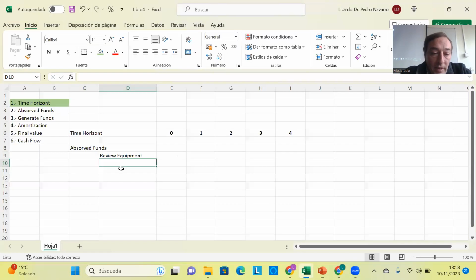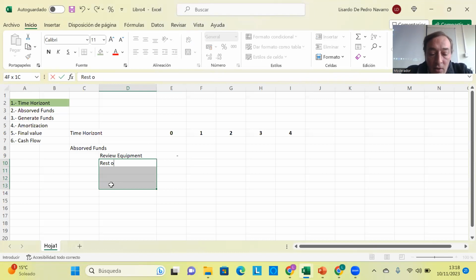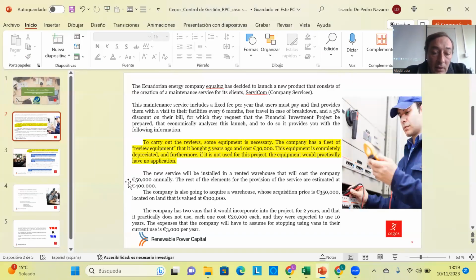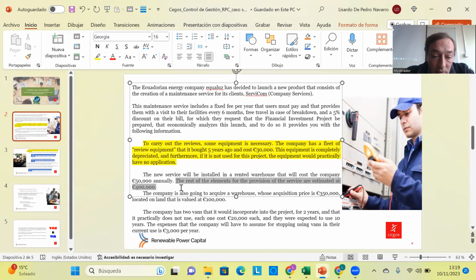So here we are going to say rest of elements, it's going to be 400,000 euros. So we put it here. Great. So we use this one, we are going to mark it.